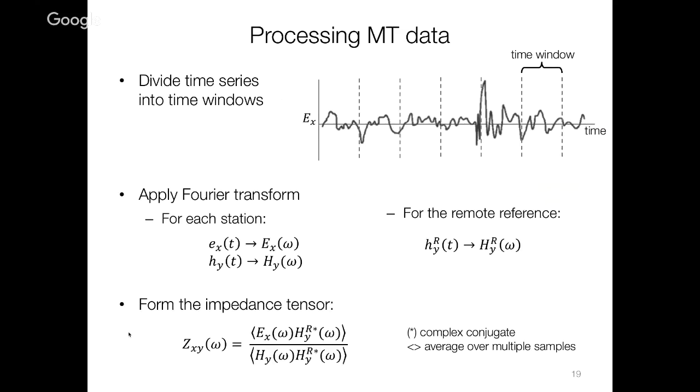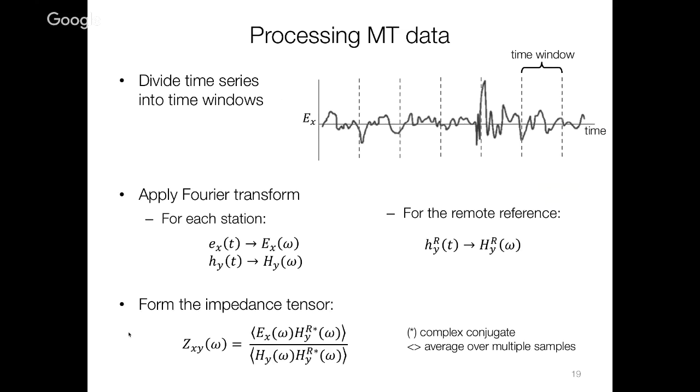Because we have many different sources that are coming. We don't know where those sources are. So it's like we're doing many different experiments. The way we're going to treat this is to do the processing so that on average, if there's an electric field in the x direction here, then I'm going to get this kind of a magnetic field, to find that relationship between an electric and magnetic field.